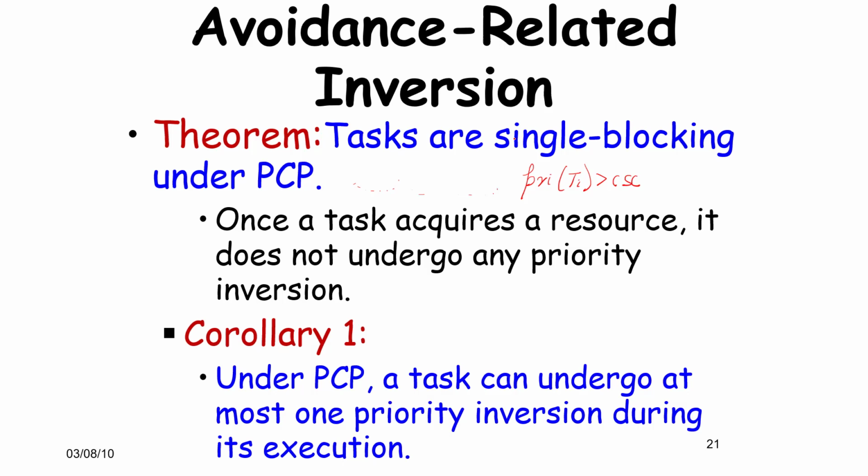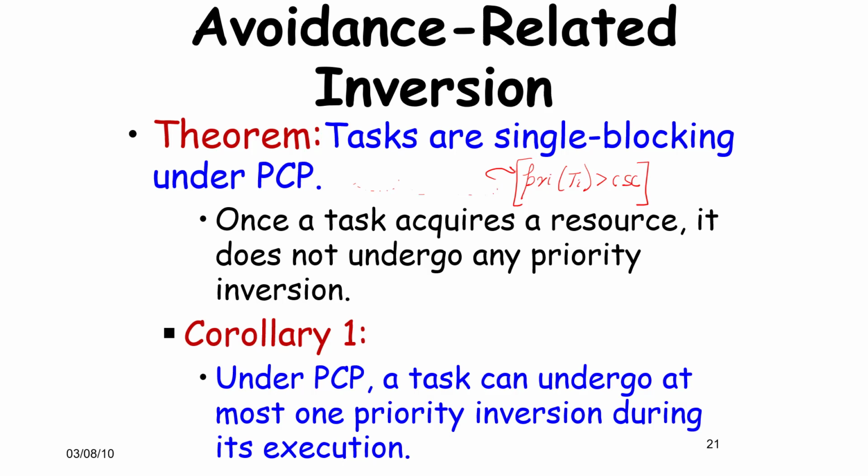We go back until we come to a point at which it did not have a resource. If it did not have a resource, it could not have set the CSC. So at that point of time, this condition must have held true, that the priority of the task is greater than the current system ceiling. The current system ceiling could also have been zero at that point, which means no resources have been taken, but that doesn't matter.